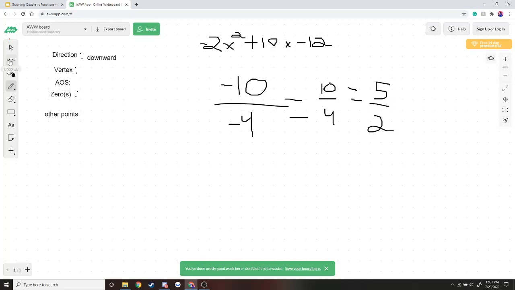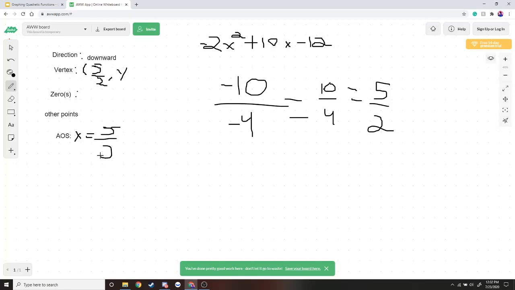This means our vertex is at a point 5 over 2, comma y, and our axis of symmetry, which I'll move down here, is at the line x is equal to 5 over 2.